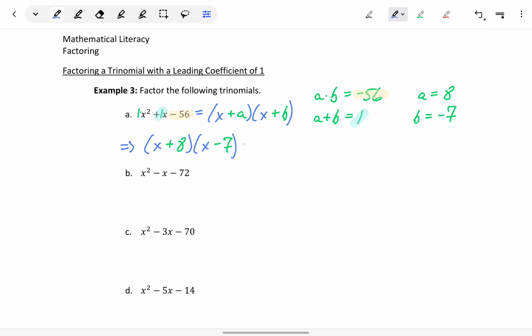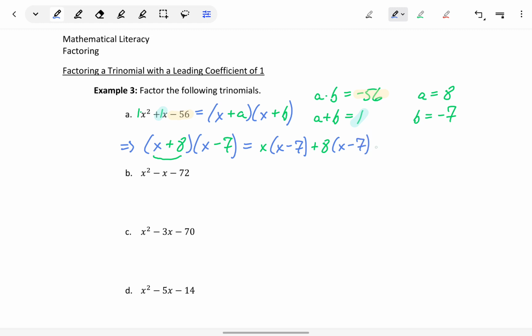And we can verify that these two expressions are equal by expanding this out. We can take the first term of our first binomial, x, multiplied by the second binomial, and the second term of that first binomial times the second binomial.